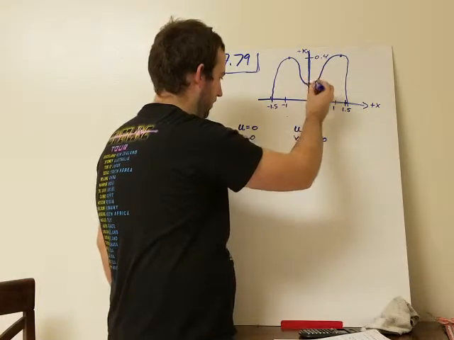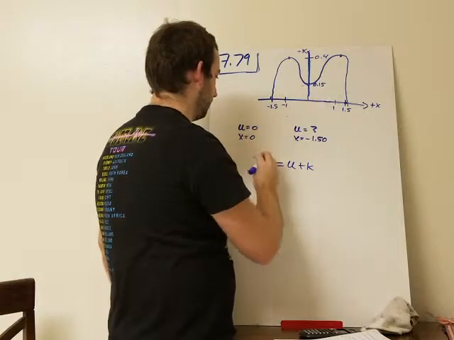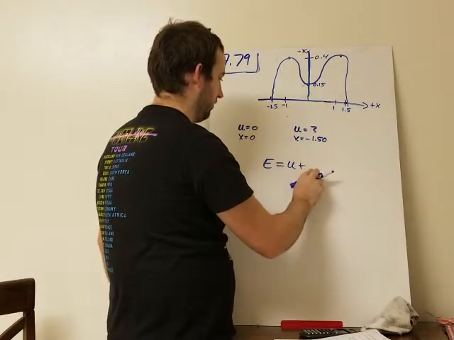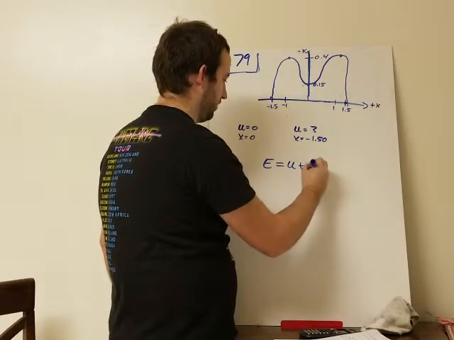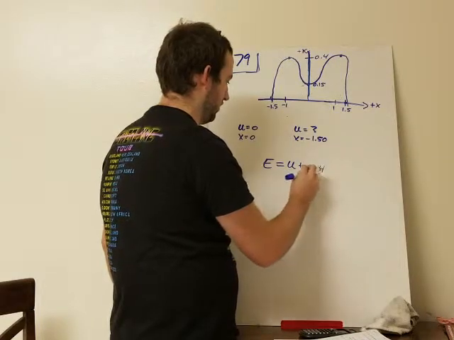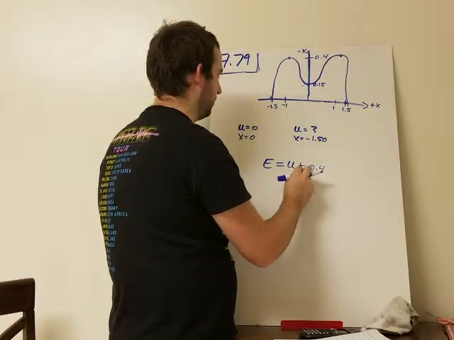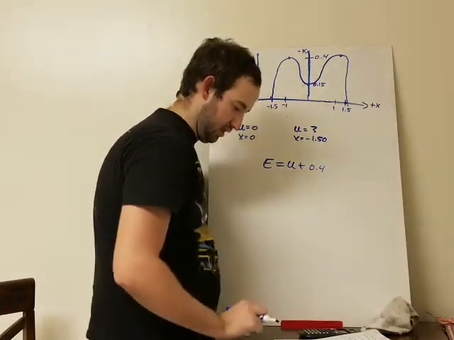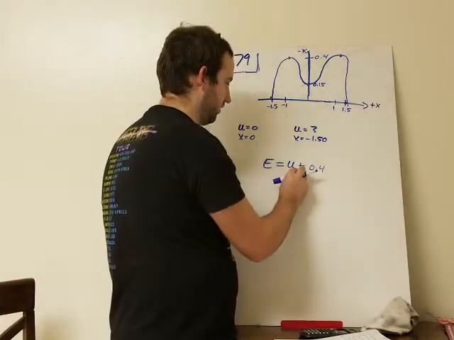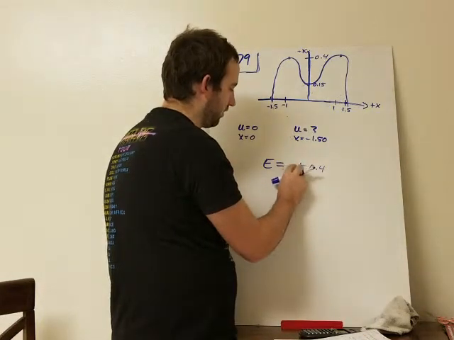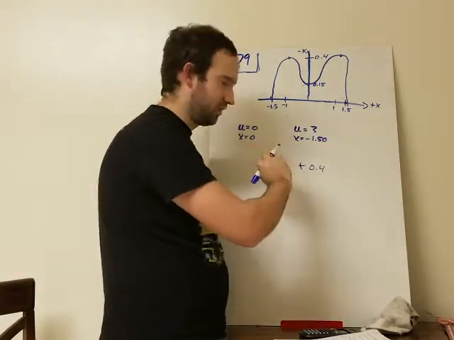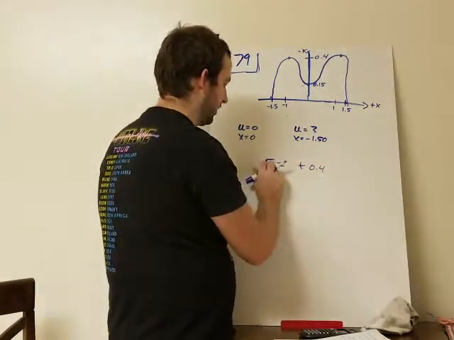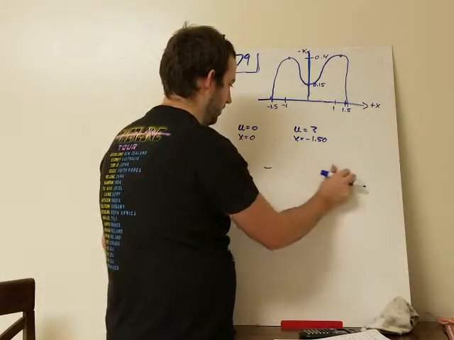We can tell right here. And from our U, we know that this is actually 0 from the previous graph we had. So we get E equals 0.14.